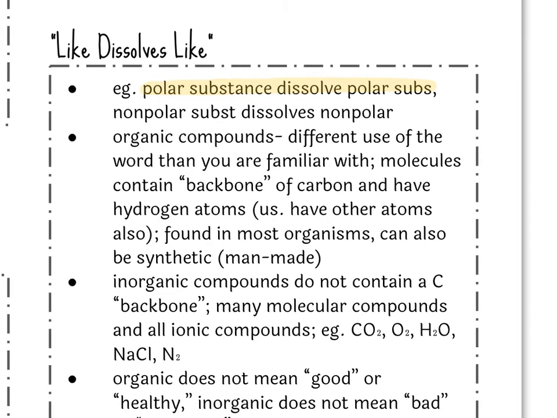Okay, moving on to this second bullet right here, we're going to talk about organic compounds. Now, organic is a word that you've probably heard, but I'm going to crash everything you know about it because the way that you probably have heard about it is not the way that we use it in science.